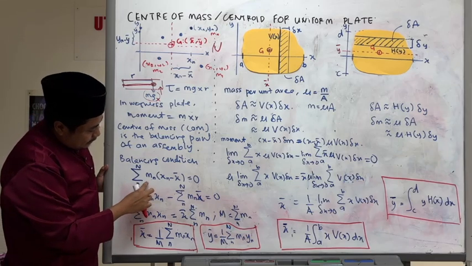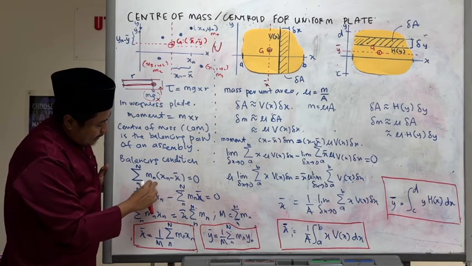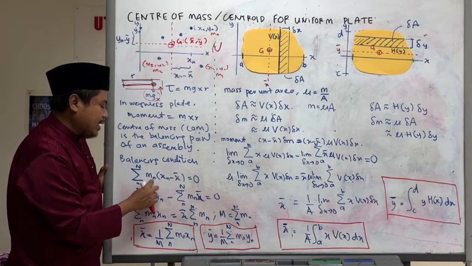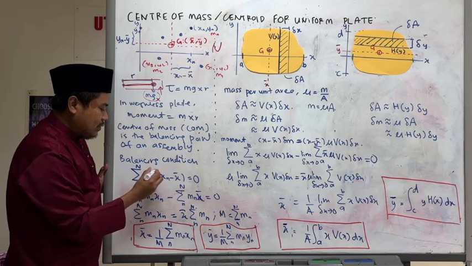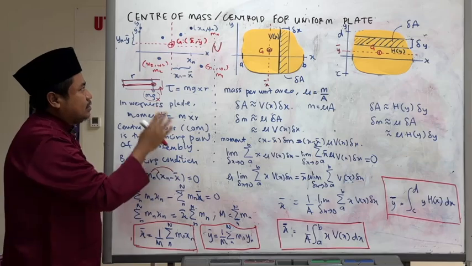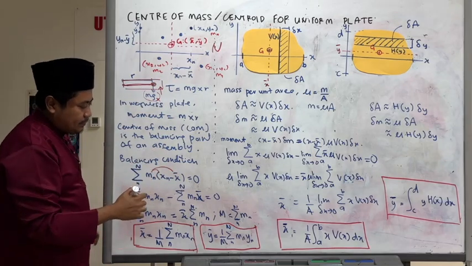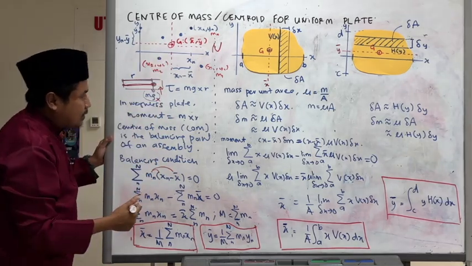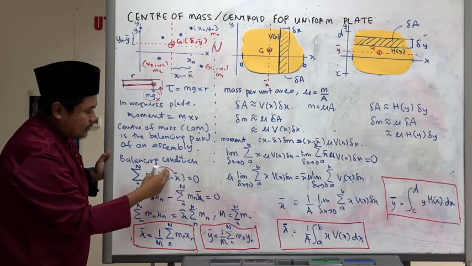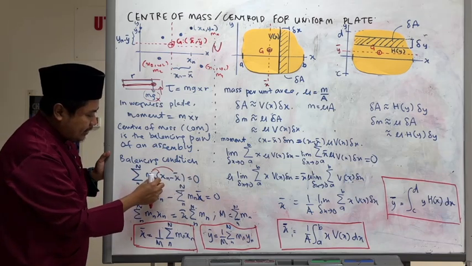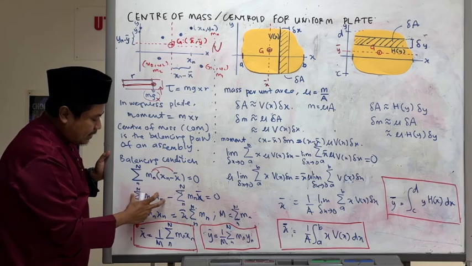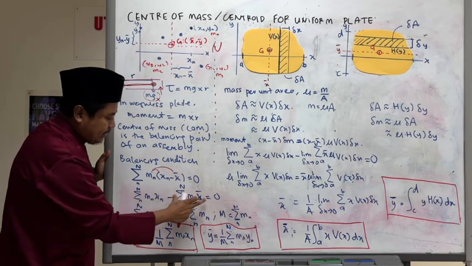If you look into this properly, you can expand the bracket, so you have mn times xn and also mn times x bar, which is the average of the distance, or the point of the center of the distribution. Equate it to 0, then expand so that you have separate terms.